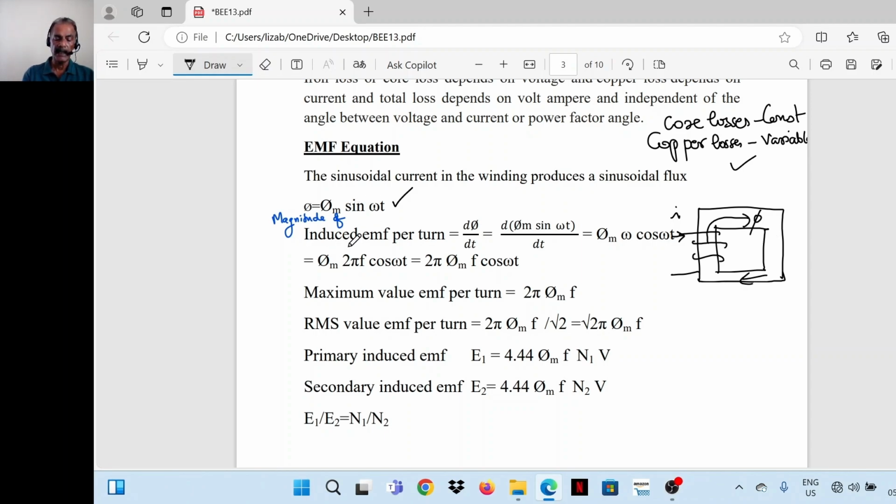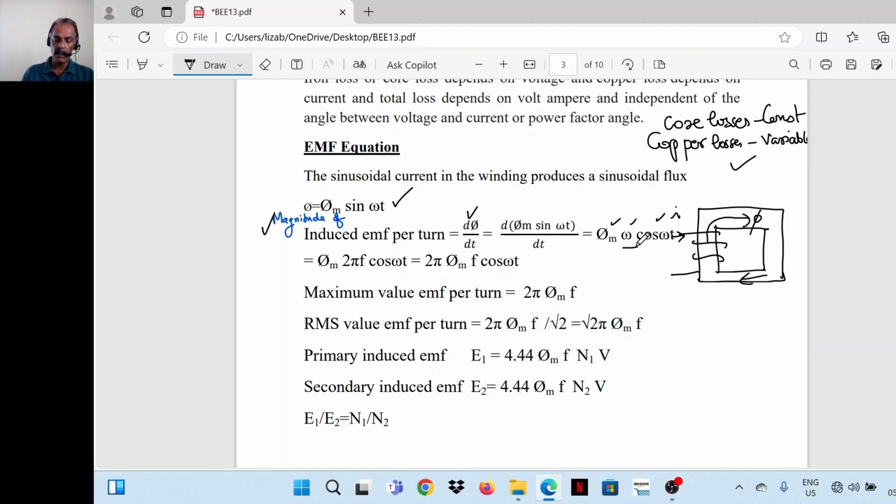Now the magnitude of the induced EMF. We know that induced EMF is minus N d phi by dt, so the induced EMF per turn is minus d phi by dt. Let's take only the magnitude, so it is d phi by dt, or d by dt of phi m sin omega t. What is d by dt of phi m sin omega t? Phi m into omega into cos omega t.